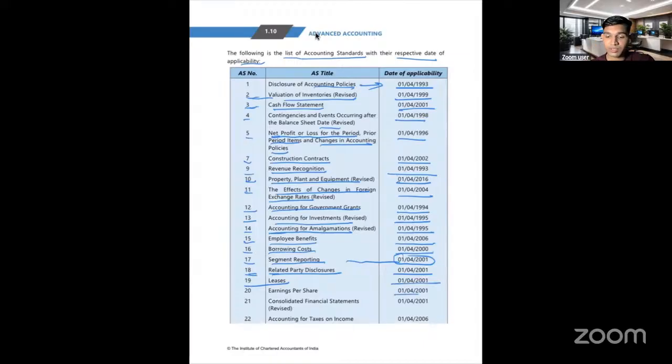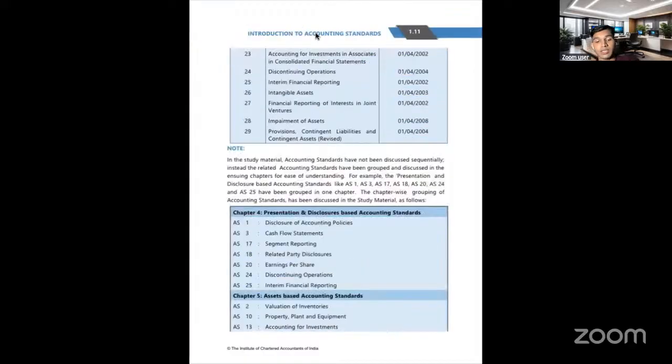Then on 1st April 2001, AS20, earnings per share, also became applicable. Then AS21, consolidated financial statements, comes into the picture on 1st April 2001 only. Then AS22, accounting for taxes on income, comes into the picture on 1st April 2006. Then AS23, accounting for investments in associates in consolidated financial statements, comes into play on 1st April 2002.